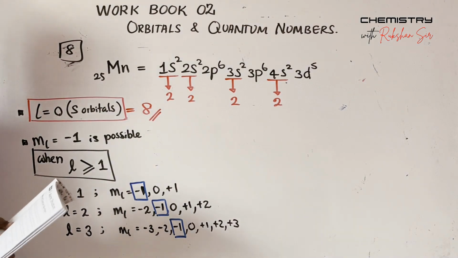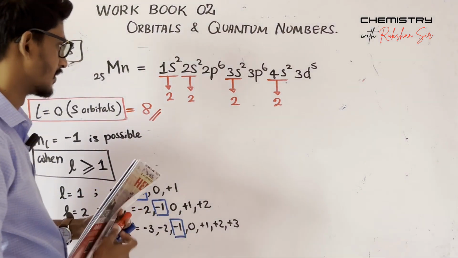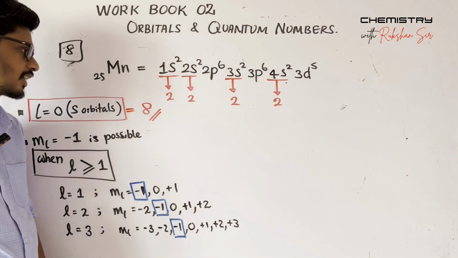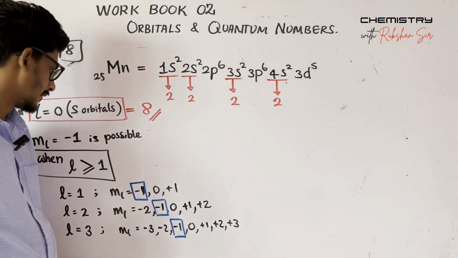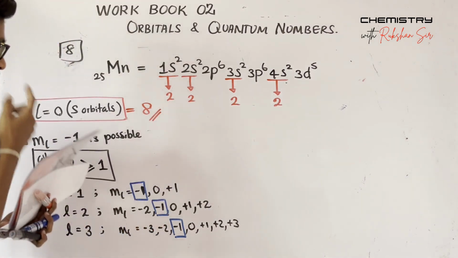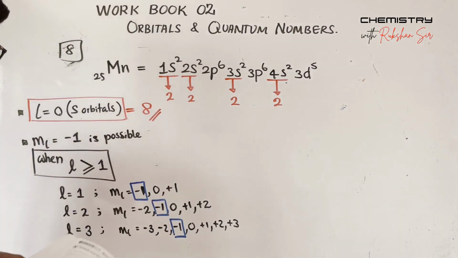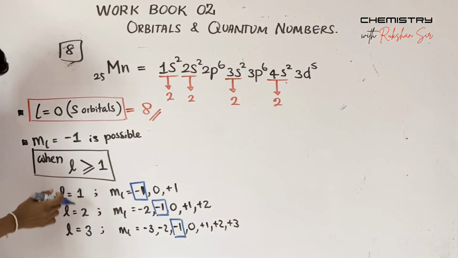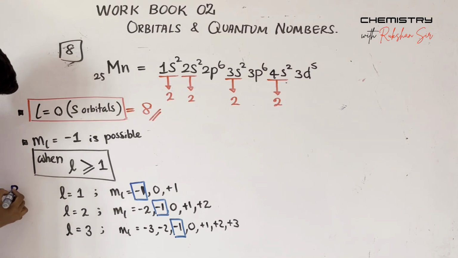These are the electrons appearing in the s subshells. Then we are trying to come up with the Ml minus 1 electrons. Ml minus 1 will appear with p subshells. L equals 1 means p subshell.